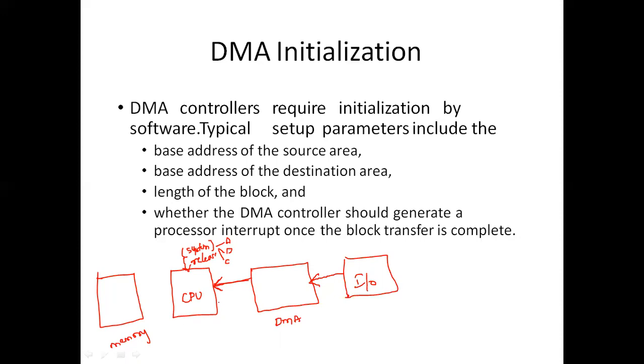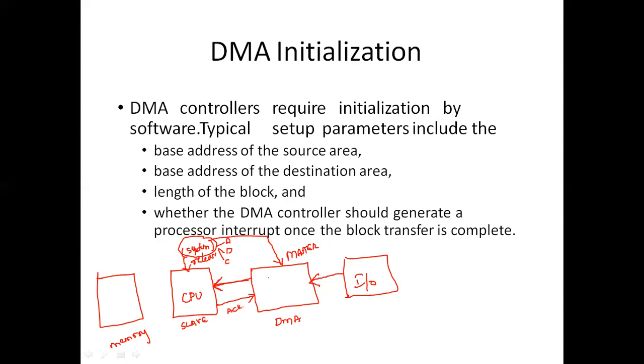What will the CPU do? The CPU will send an acknowledgement signal saying, okay, I am releasing the buses, now you take control over the buses. After releasing, the system bus will be under the control of DMA. Now DMA acts as a master and the CPU acts as a slave.